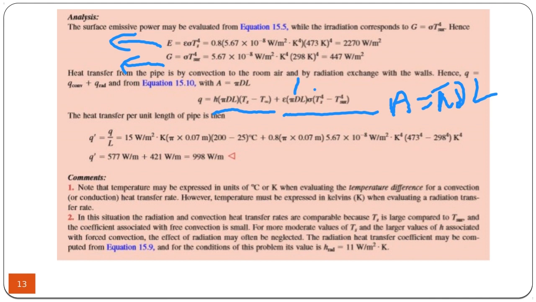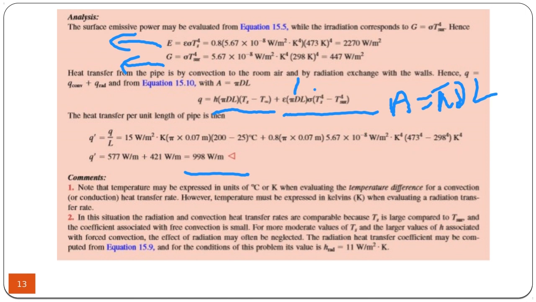So the net heat transfer from the pipe is calculated to be almost 1 kilowatt per meter of the pipe. It's a very large value. If it's a 100 meter pipe, then it would mean 100 kilowatts of heat loss.